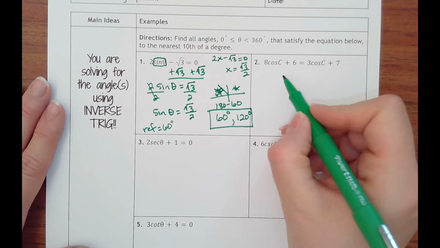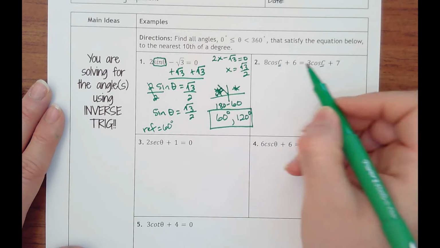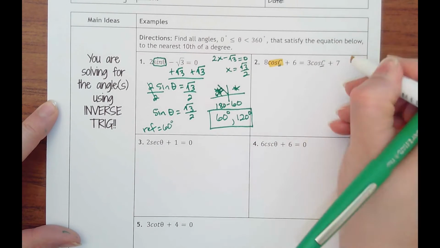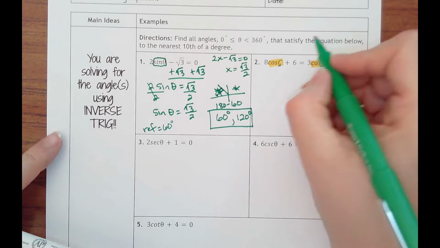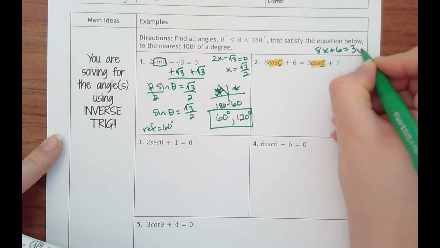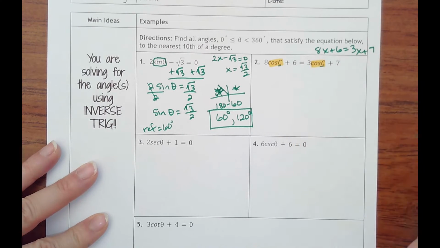All right, number 2, same thing. This time they're going to use cosine of c, but we want to get this cosine term on the same side. And so it's kind of like having an 8x plus 6 equals a 3x plus 7 problem. So basically you just want to get your variables on the same side and then solve for that.